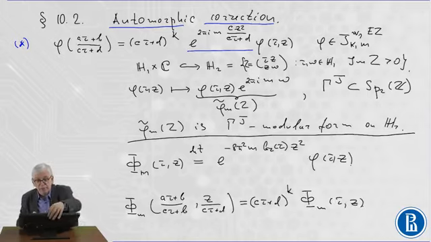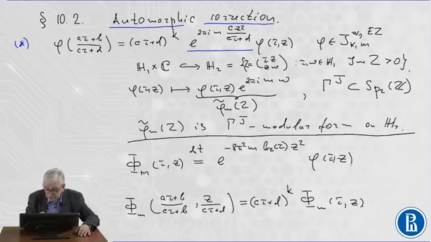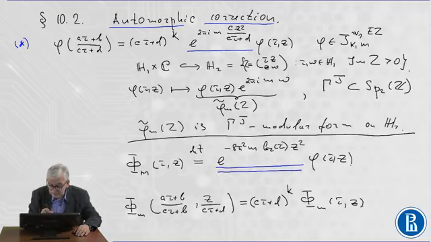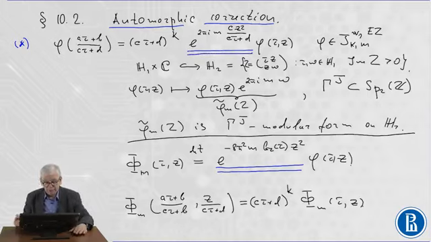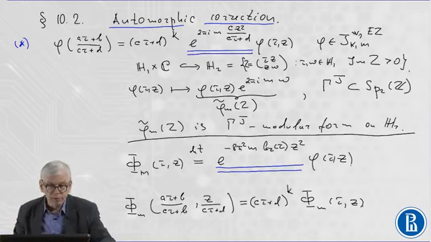It means that with this additional quasi-modular factor, we cancel the Jacobi automorphic factor. You can prove this by yourself.